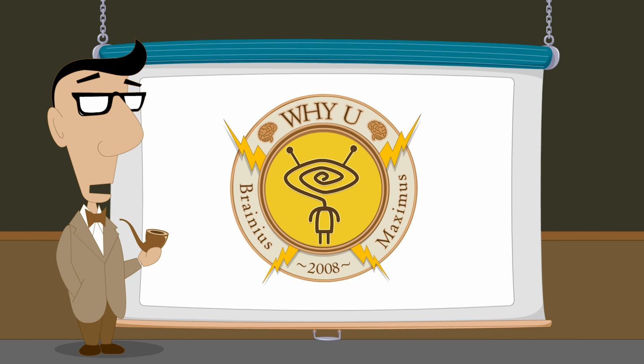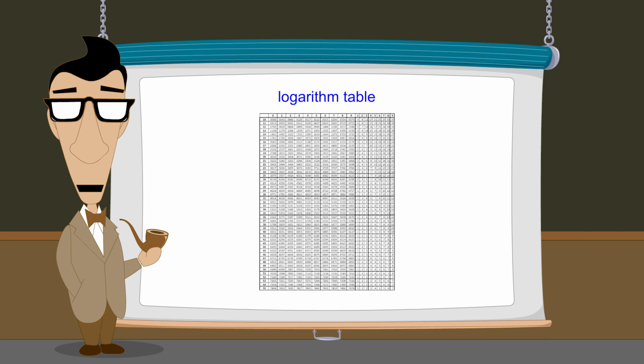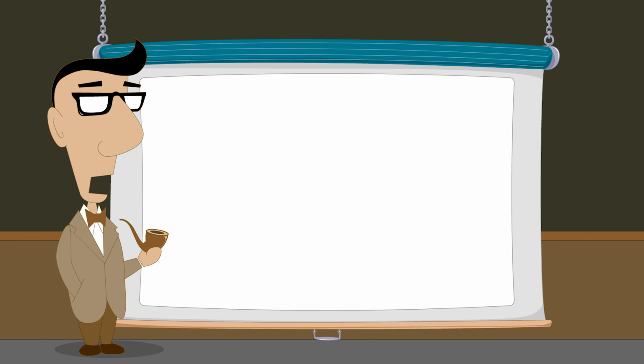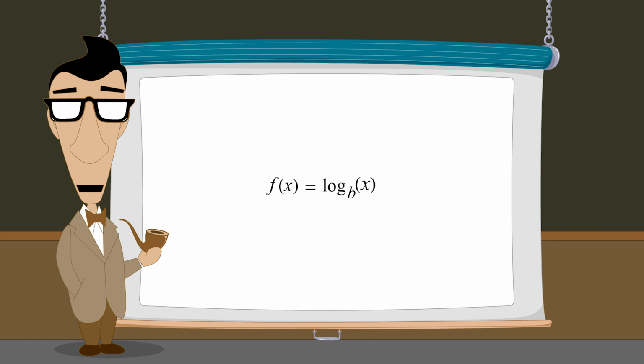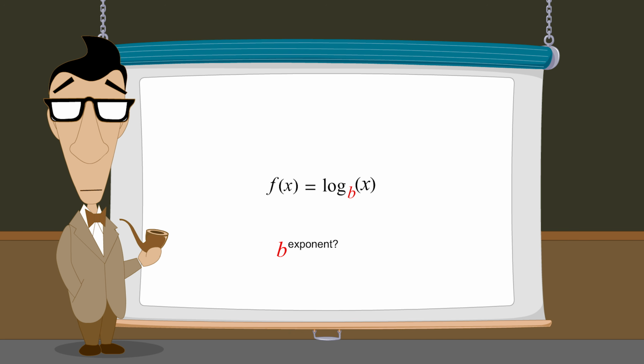In the previous lecture, we introduced logarithms and saw how logarithm tables were initially developed as a way to simplify and speed up calculations involving multiplication and division. We also introduced the logarithmic function and saw that to evaluate a logarithm with a base b, we ask what exponent the base would need to have to be equal to the function's input variable x.